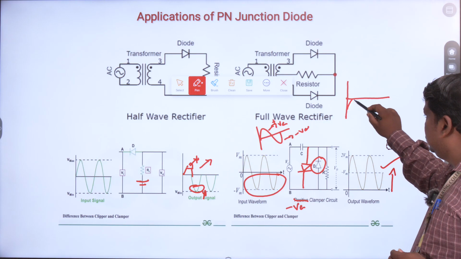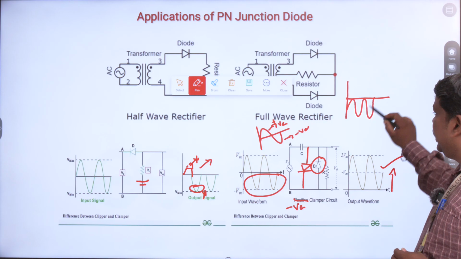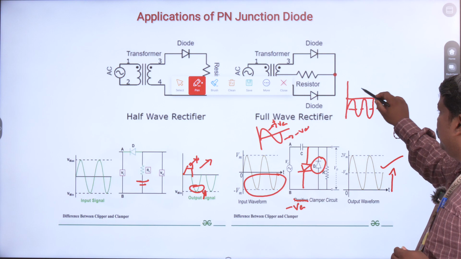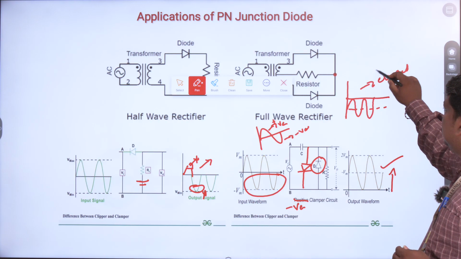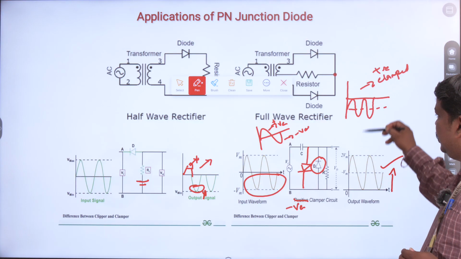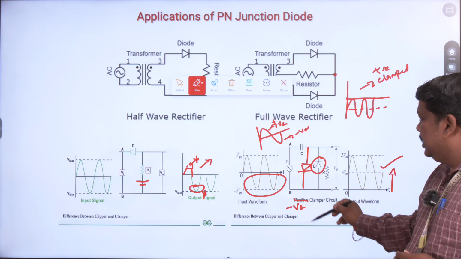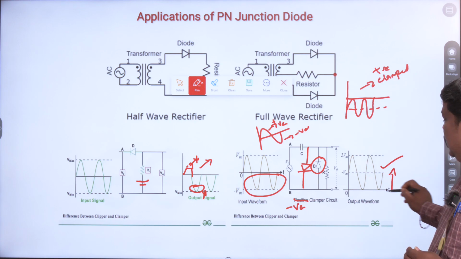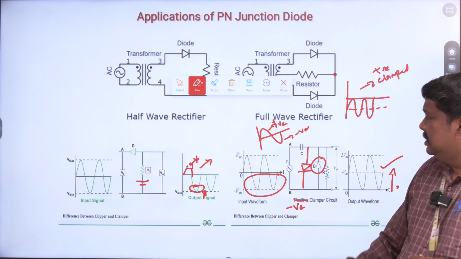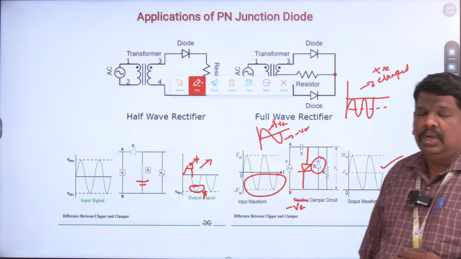The entire cycle will be shifted to the negative side. So the positive sign is clamped and it is shifted to the negatives. But in the case of the positive clamper, the negative sign is clamped and it is moved to the positive side. These are some applications where we can use your clamper.